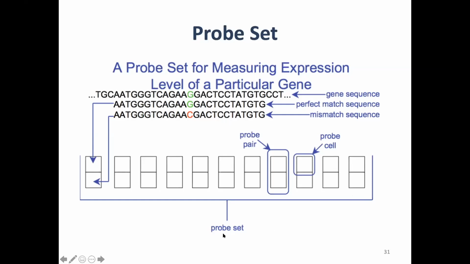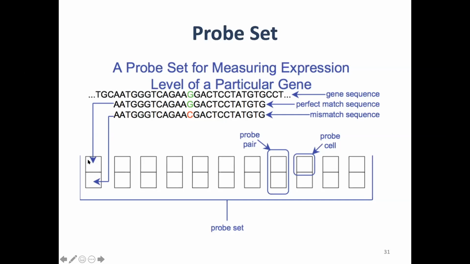This one probe set is used to capture one gene, the gene at the top. And there are 11 probe pairs. These probes come in pairs, one for the perfect match, another for the mismatch sequence.